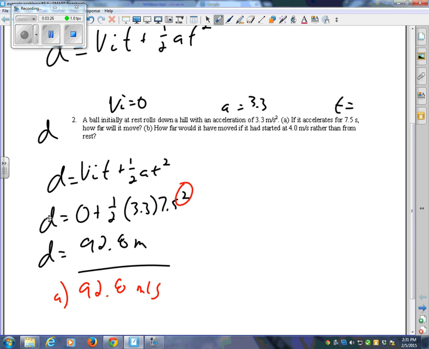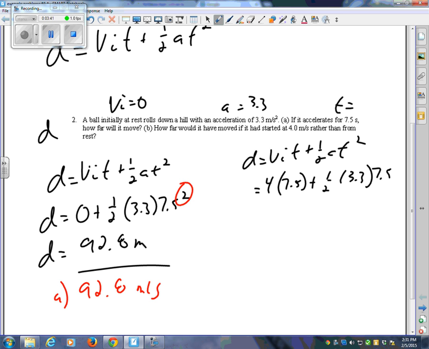Part B would be exactly the same, except what? Here it would start at 4 meters per second, so there you'd have 4 times 7.5 plus 1/2 of 3.3 times 7.5 squared. If you want to show your work like this, you can. I don't expect it.